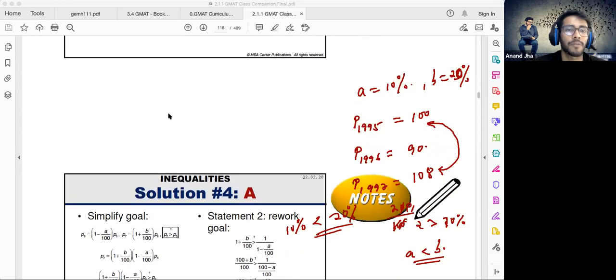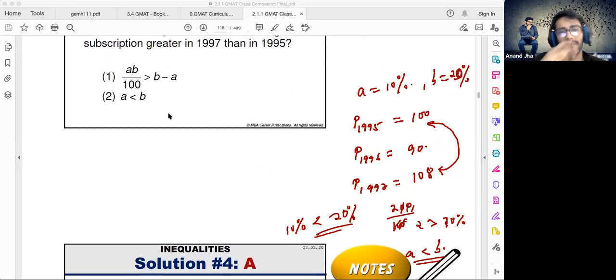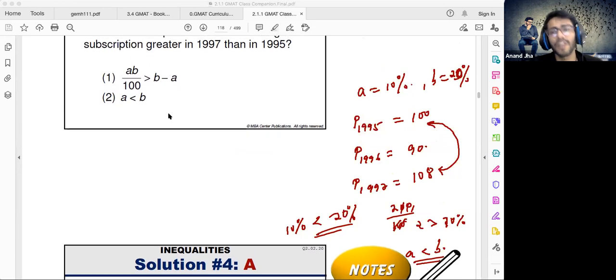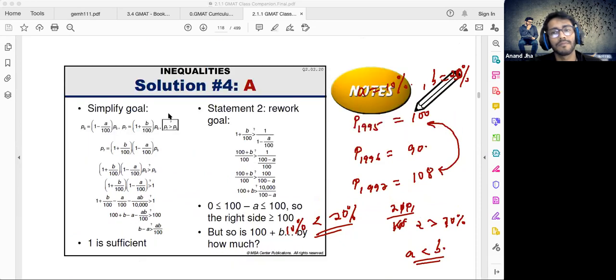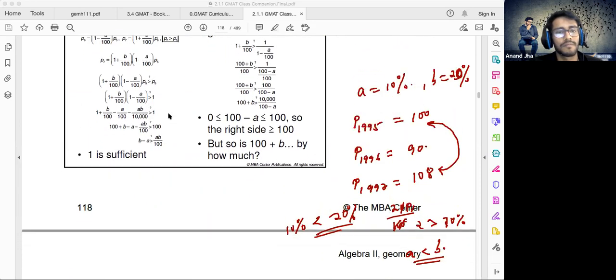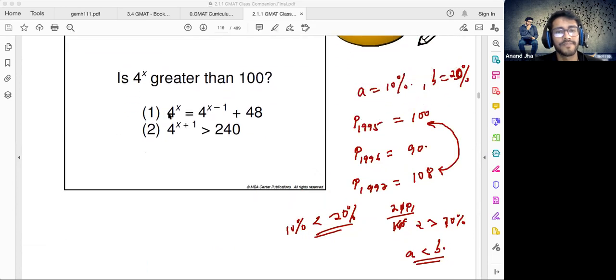What was statement 1? AB by 100 greater than B minus A. Of course, 20%, alone is sufficient. So choose it wisely. Try this.